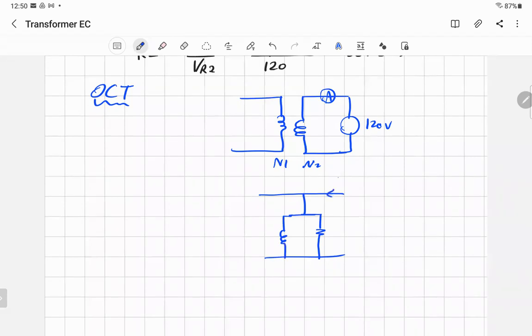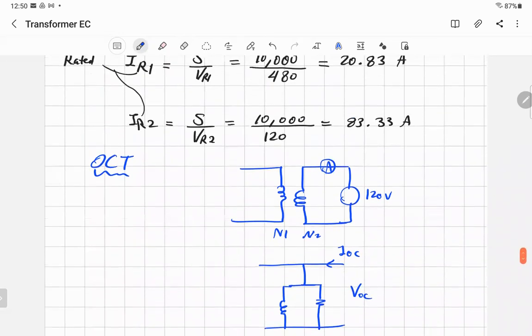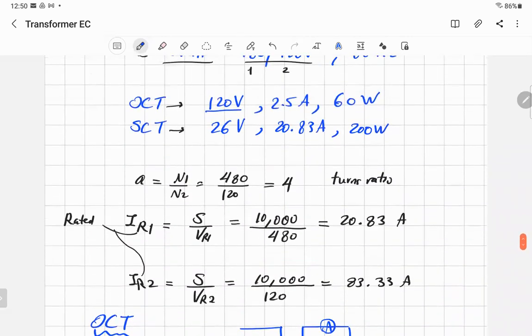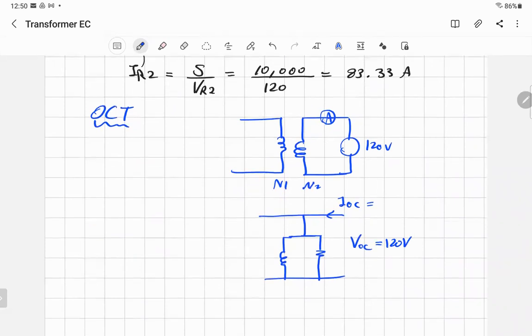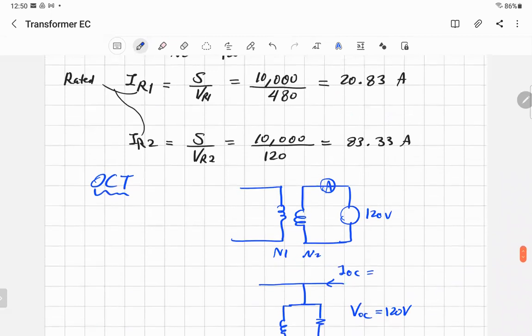That's the open circuit current, I open circuit. Obviously it's from I2; I don't care whether it's I2 or I1. The power is also given. The data given in this table: 120 volts, 2.5. That's 120 volts, and by the way, all are magnitudes, and the open circuit current was 2.5 amps.